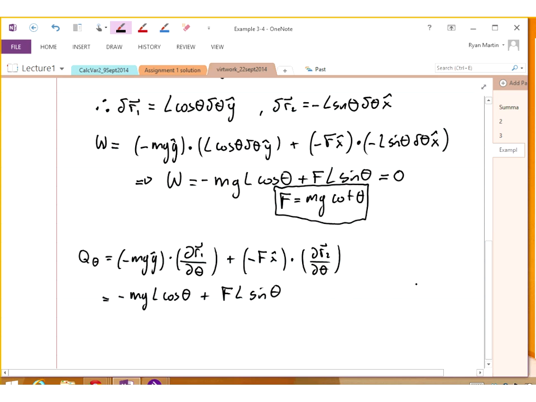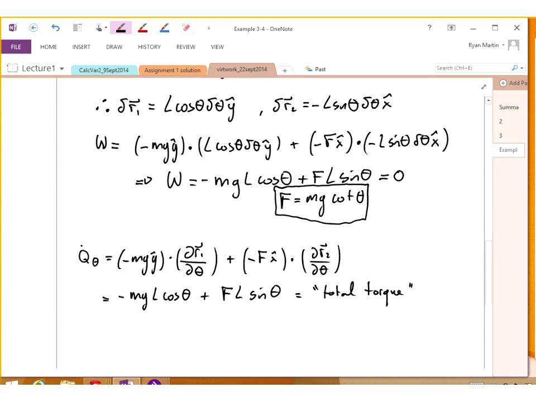And there again, that is equal to the total torque. So this generalized force is the total torque in this case.